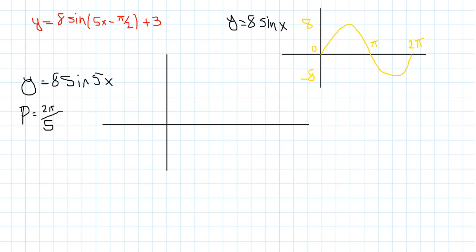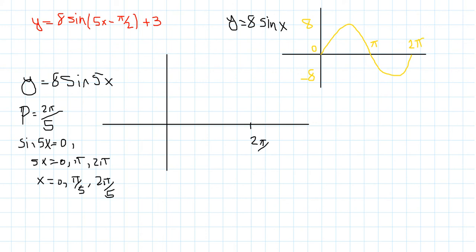And if I want to find the points that intersect the axis, sine 5x should be equal 0, and 5x is 0, pi and 2 pi. So x is 0, pi over 5 and 2 pi over 5. So my last point is 2 pi over 5, and between 2 pi over 5 and 0 is pi over 5, and this is 0.